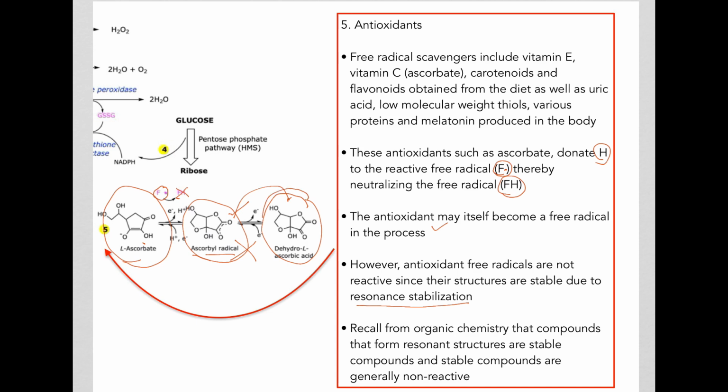So because of the chemical structure of these antioxidants, the radical form can be stabilized by resonance stabilization, and these antioxidant free radicals are not reactive, they are safe. So that's one way by which some of these antioxidants help neutralize free radicals.